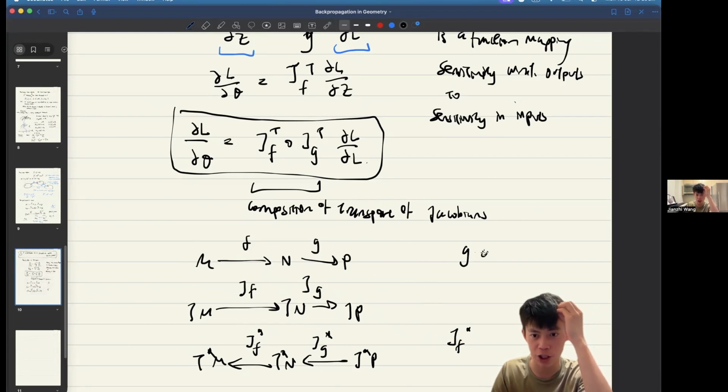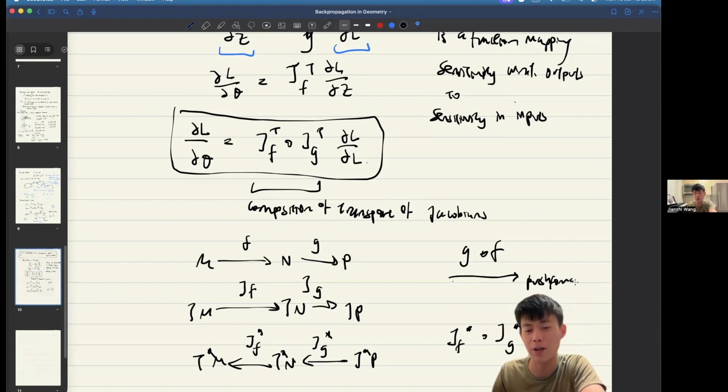Function composition is going to be G composed with F. In the cotangent spaces, the mappings are composed in the opposite direction, which is JF star composed with JG star, right? So this direction is the push forward, right? We are going the same direction as the function composition, and this is called the pullback because we are going in the opposite direction.